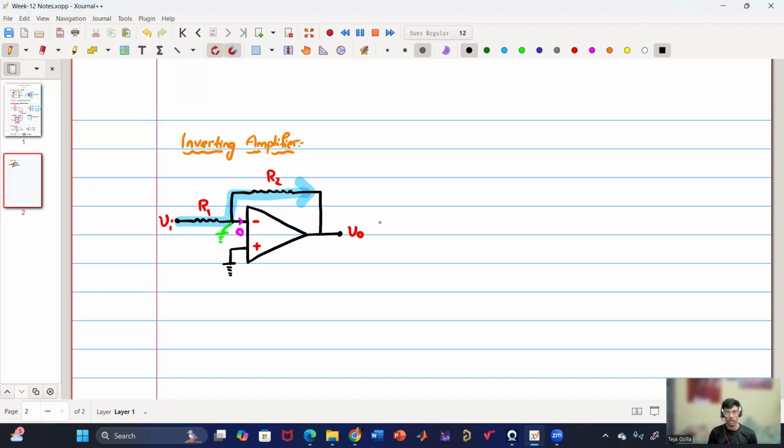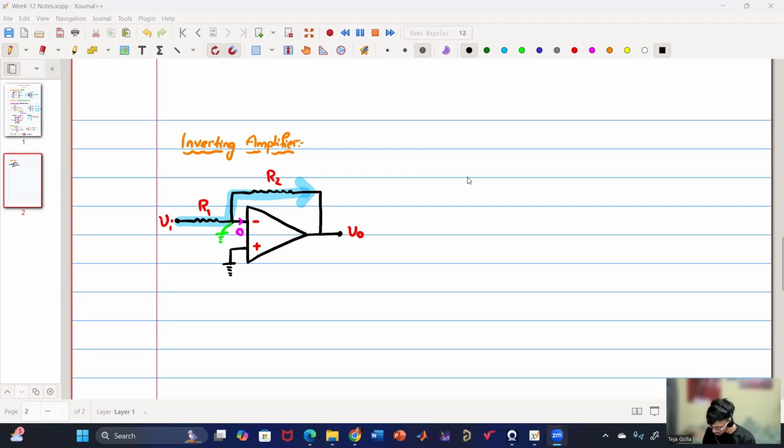Anyone? Current through R1 equals current through R2. So what will be the expression? Okay, Jnanendra is saying Vi minus 0 by R1 equals 0 minus V0 by R2.